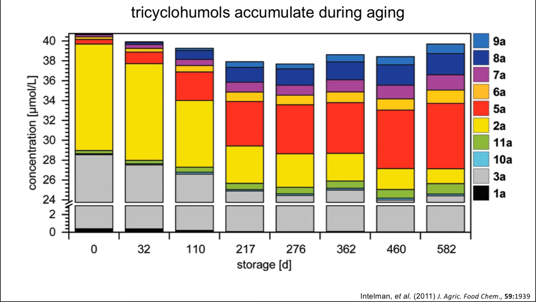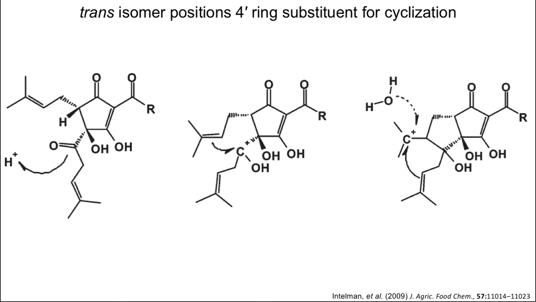Remember that in yellow and gray we see trans and cis isohumulone, while the cis form does decrease with time by some 30%. The trans form is 90% consumed over the same period. At the same time, tricyclohumol increases dramatically. Why is the trans form less stable? It's always about sterics and electrostatics.